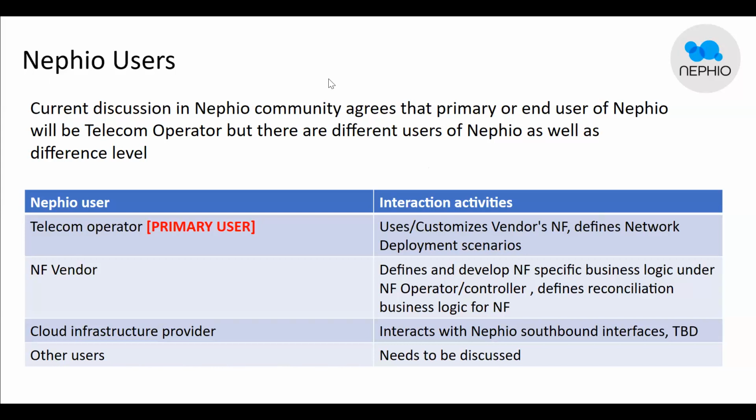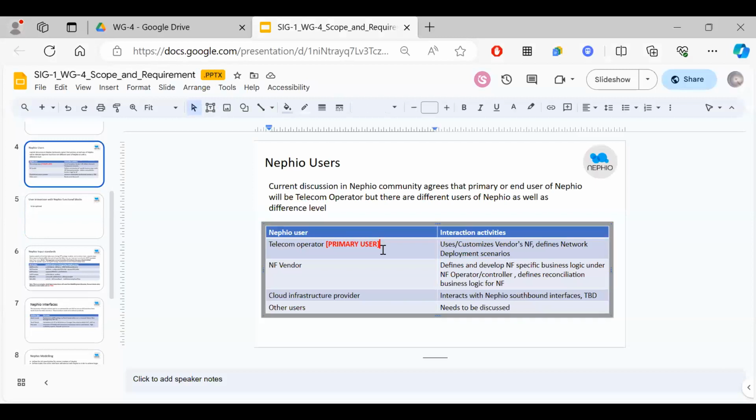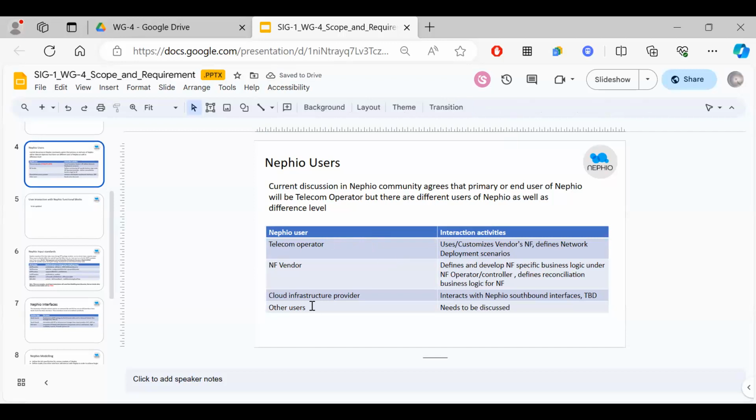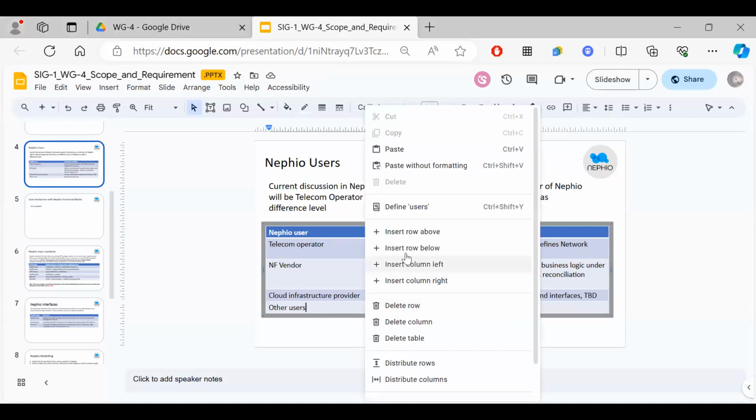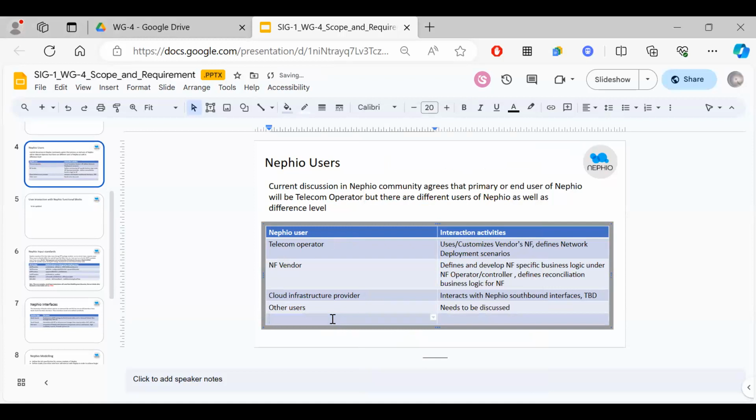I think the primary user is definitely something we can remove. The NF vendor also wears a different hat, as do platform vendors. One other thing we could add is the system integrator here. In a lot of the larger deployments, depending on the telecom providers, many telecoms want to do it themselves.